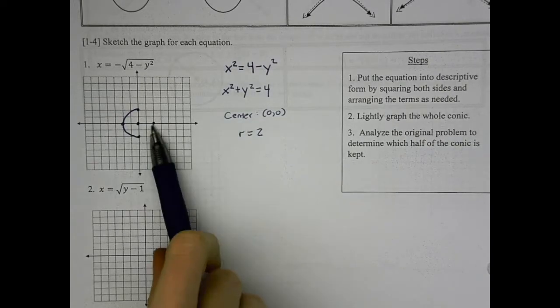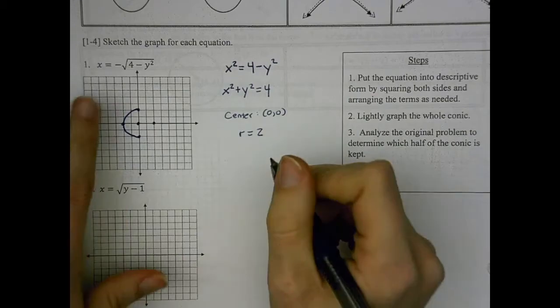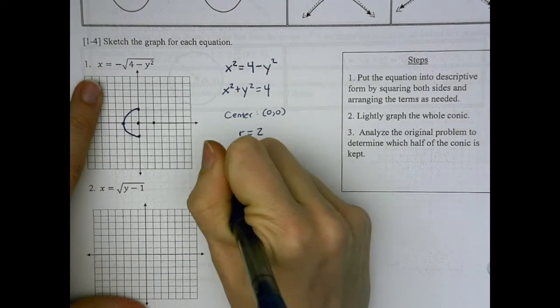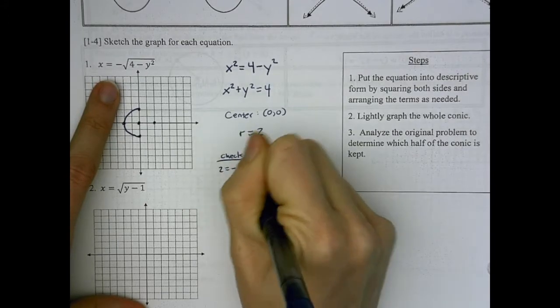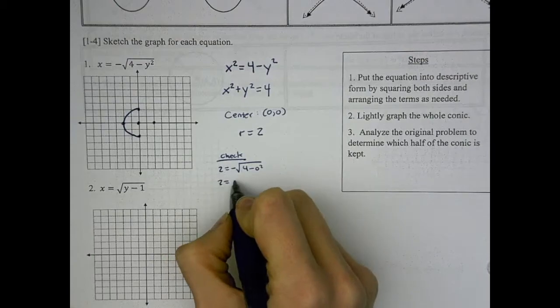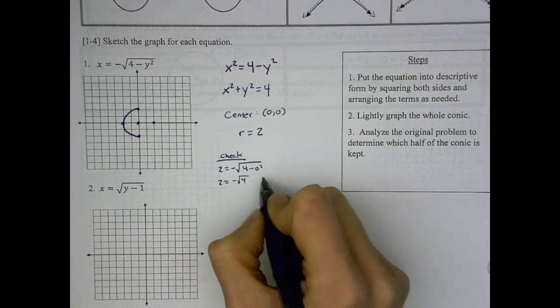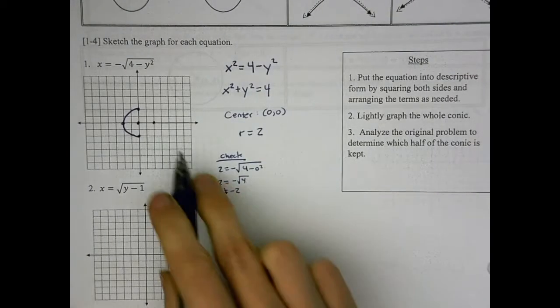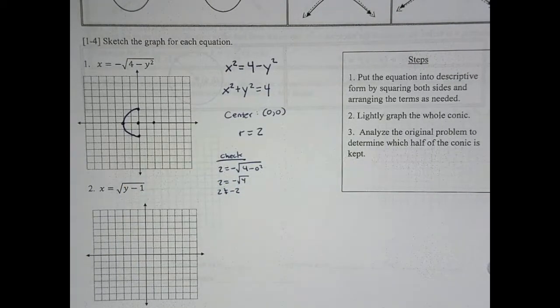So if I were to take this 2, 0 and plug it in, 2 would be going into the x, negative root 4 minus 0 squared, which is 2 equals negative root 4, which is 2 equals negative 2, which is a false statement. And so I know that that's not included. Great, I'm good to go. Okay, so it's a good way of just double checking.